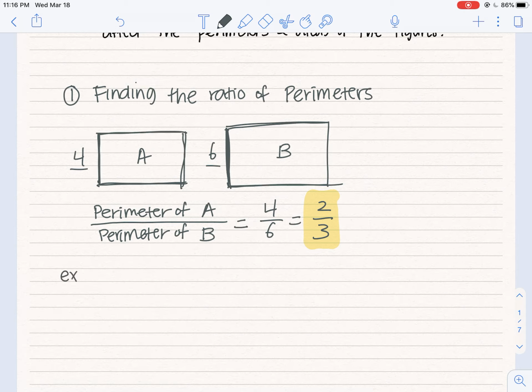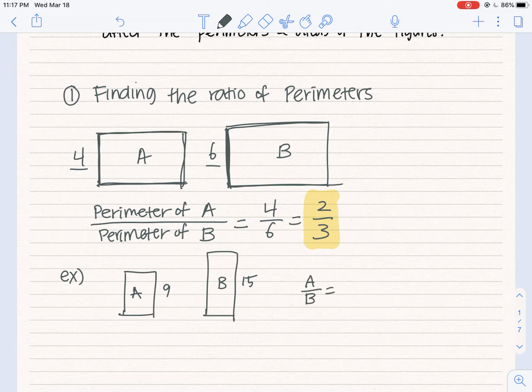Okay, and for example, let's do another one. Let's say we don't know what the figure is. Let's say they're similar. Let's say the first figure, A, has a height of 9, and the second figure has a height of 15. What is going to be the ratio for the perimeter?